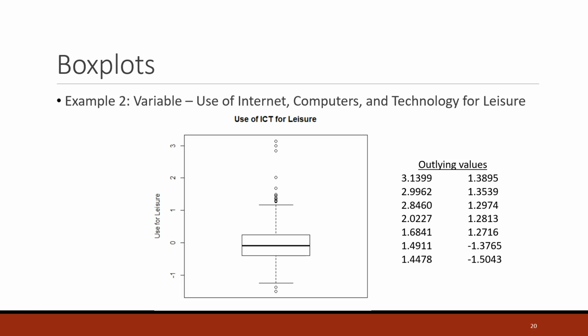And these then are the observed values that are greater than 1.5 times the interquartile range. And I did call out on the right-hand side what the actual observed values are for those points. So we can see our maximum value, 3.1399, hanging out way above our box. And then we have two negative values also hanging out below. So in this case, we have two low-lying negative outliers and a handful of positive high-lying outliers.